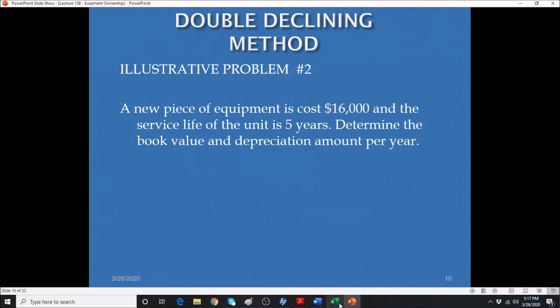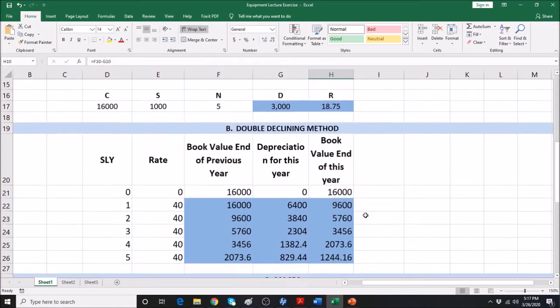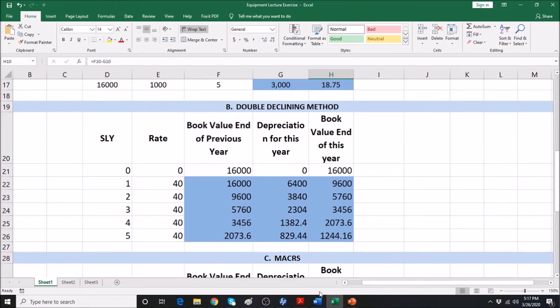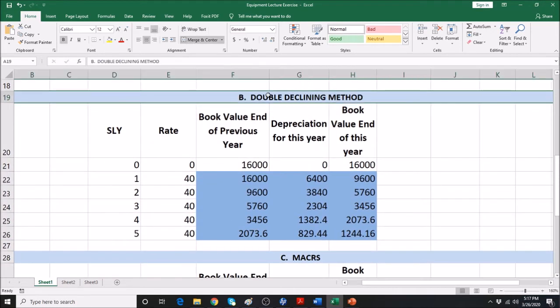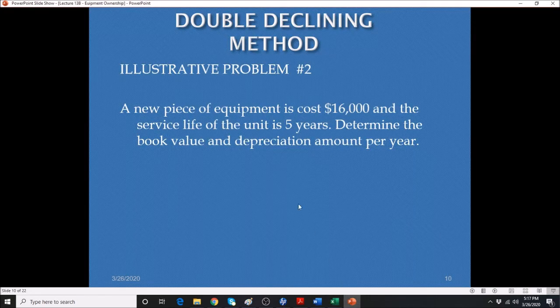So we have here again the previous problem that we had. This time we're going to use the second table that we have on Blackboard, still in the same file. I put here as a heading, double declining method. So how do we first calculate the rate? On the problem here, it says a new piece of equipment.